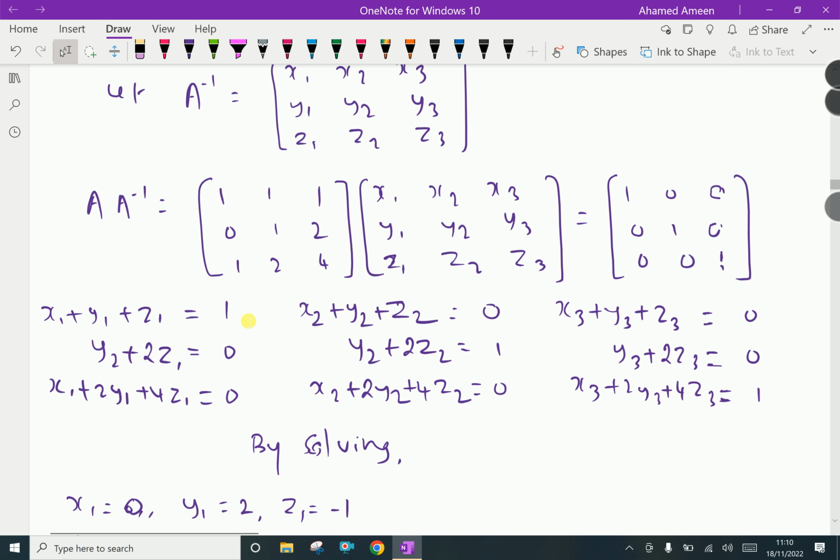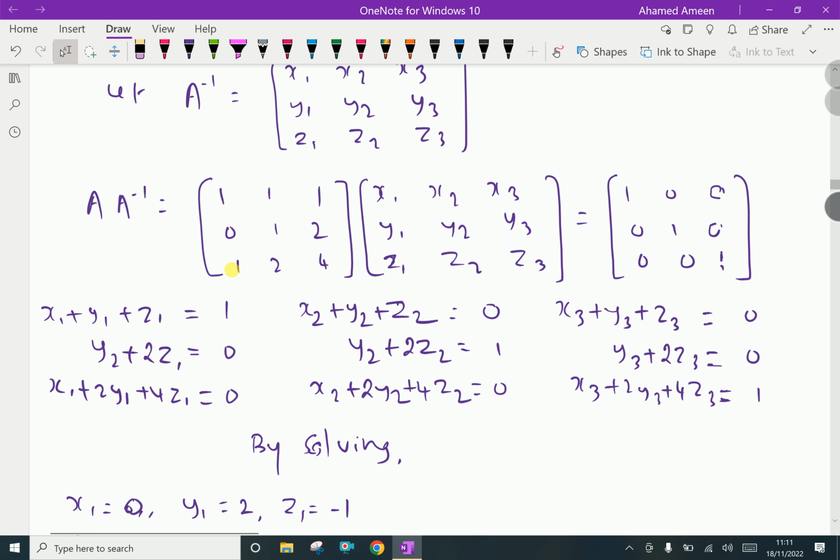Third is the third row with the first column: 1 into x1 is x1, 2 into y1 is 2y1, 4 into z1 is 4z1, equal to the third 0. Likewise, for the elements with the second column we multiply, and that becomes these equations. Next, equating the second column.